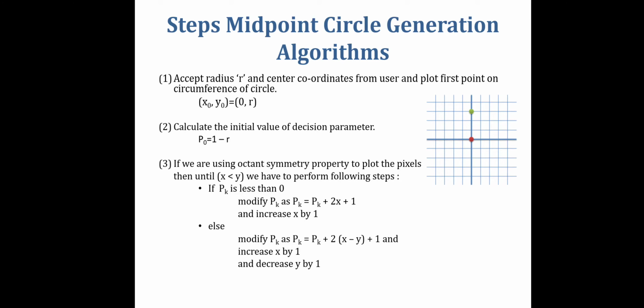If only x changes, you are selecting the upper pixel. So here if pk is less than 0, you are just incrementing x by 1 and updating the equation like this. Else you are incrementing x by 1, decrementing y by 1, and updating pk with 2x - y.